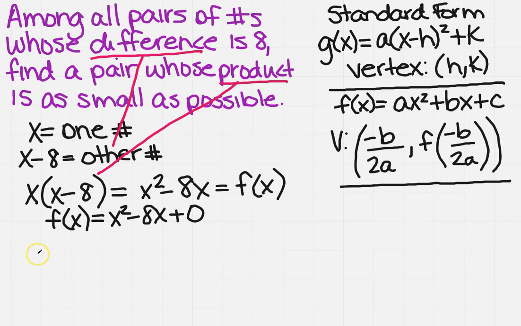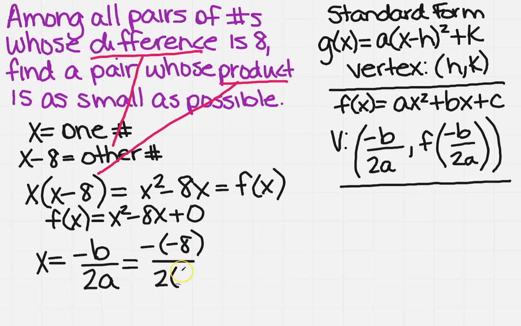I know that my x value is going to be negative b over 2a. So I'm going to have negative negative 8 over 2 times 1. So I'm going to have 8 over 2, which is going to be 4. And now I can find the y value. I'm going to plug that value into f of x.